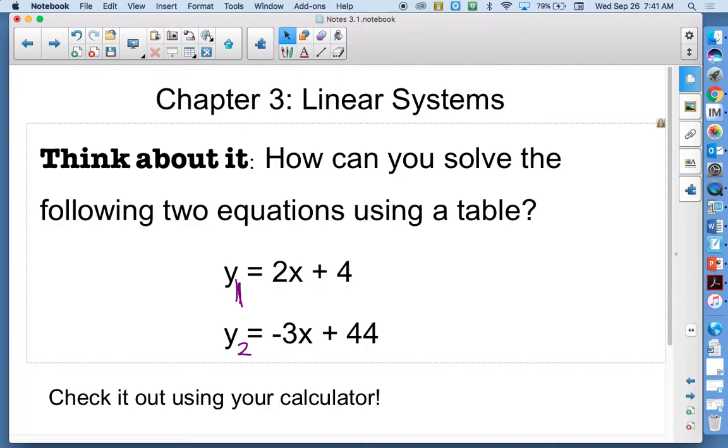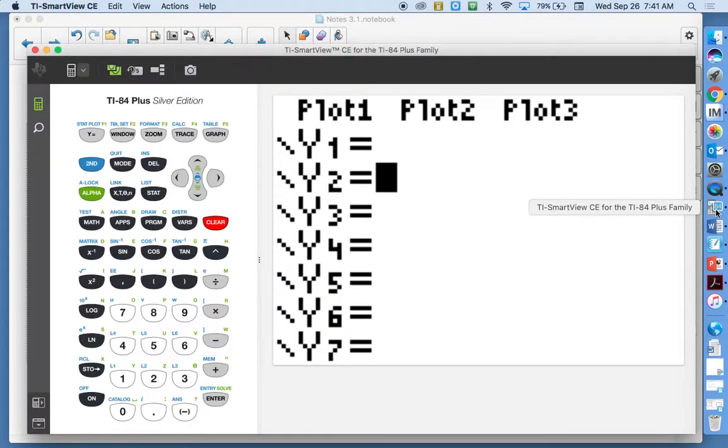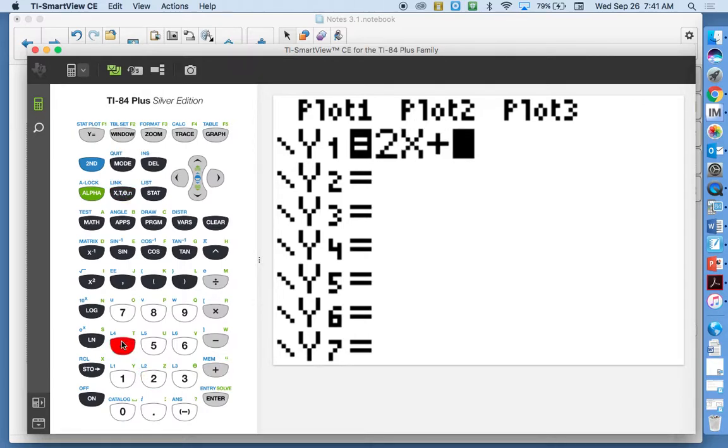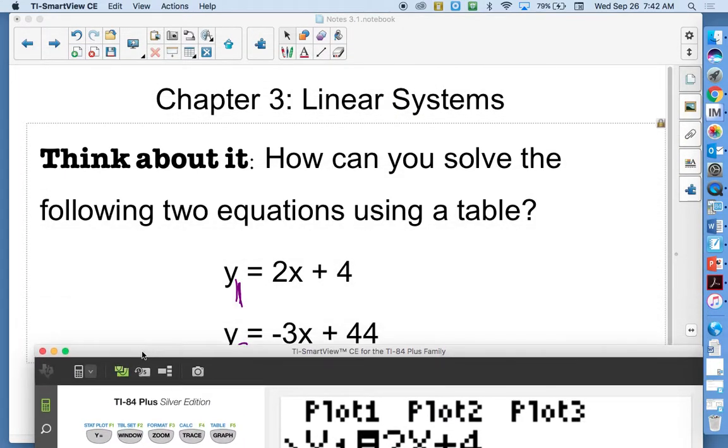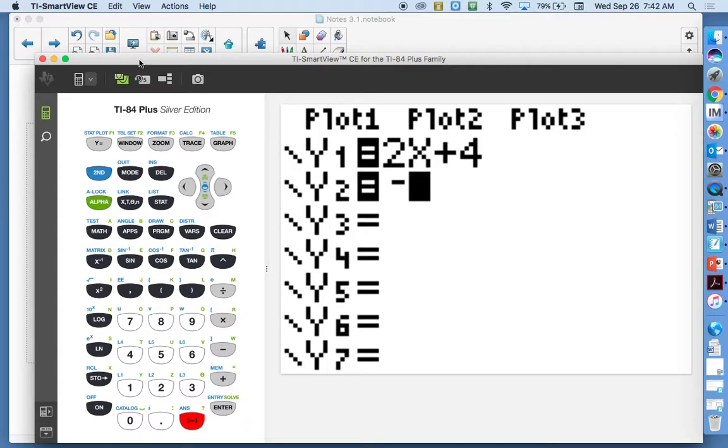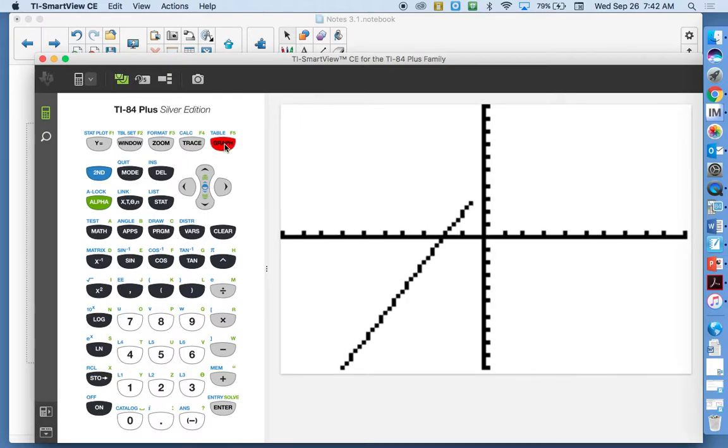So 2x plus 4 in y1, negative 3x plus 44 in y2. And then hit graph.